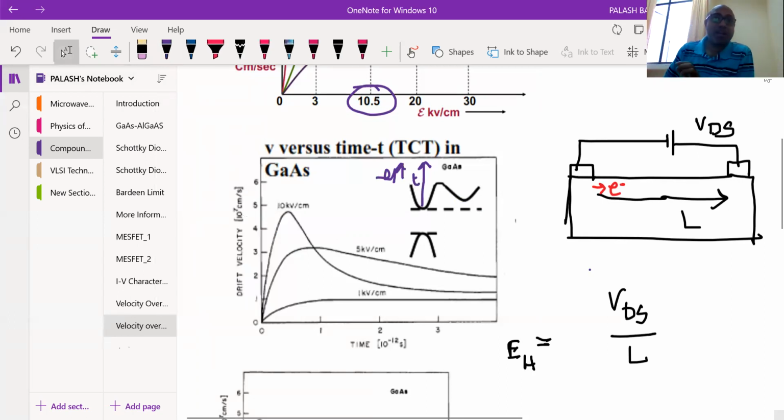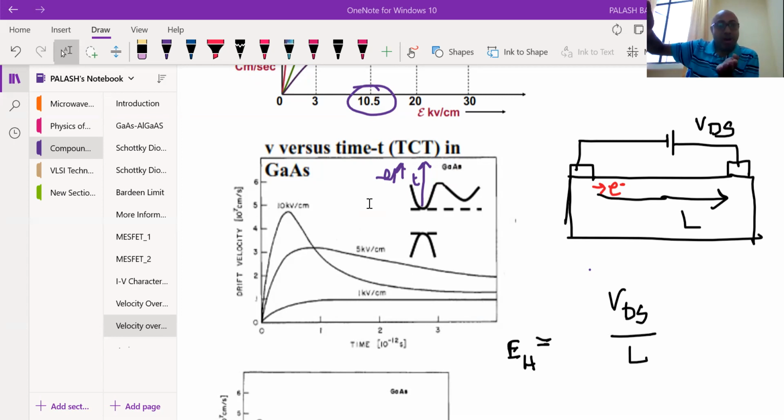So what I'm trying to convince you is that the moment you give an electric field, at the fast valley where mobility is high and effective mass is low, it stays there for long because it jumps, before it comes down to the other valley, right?